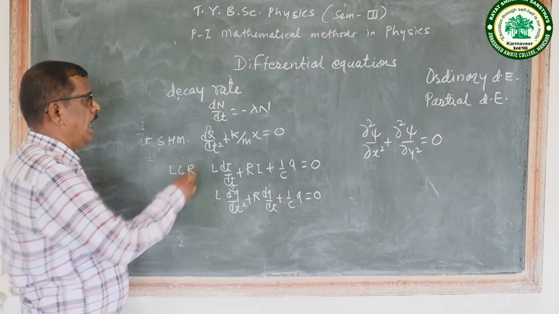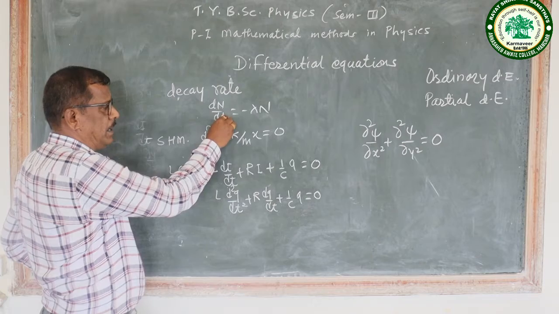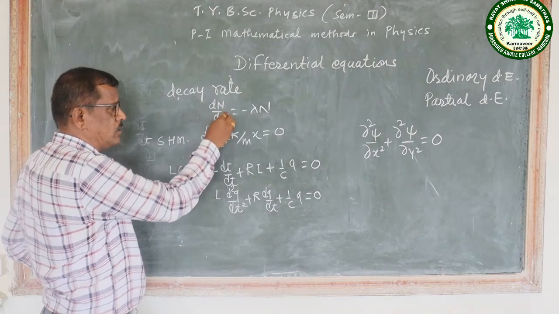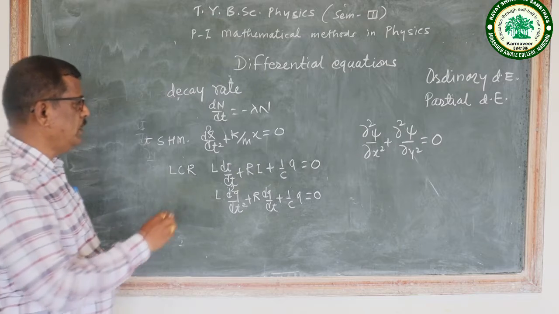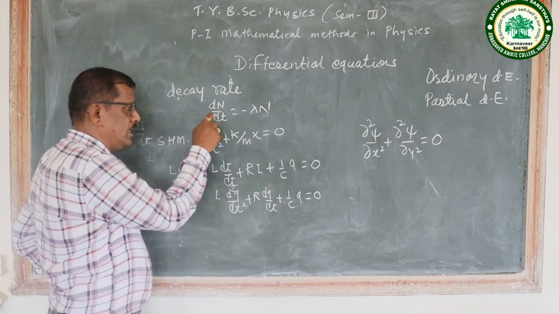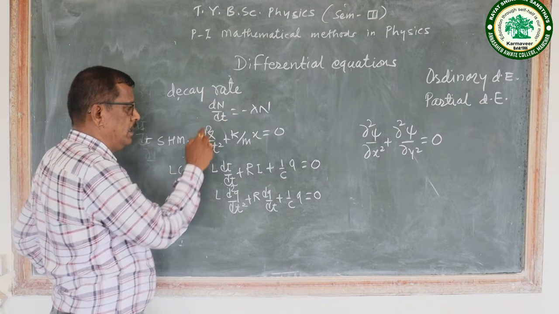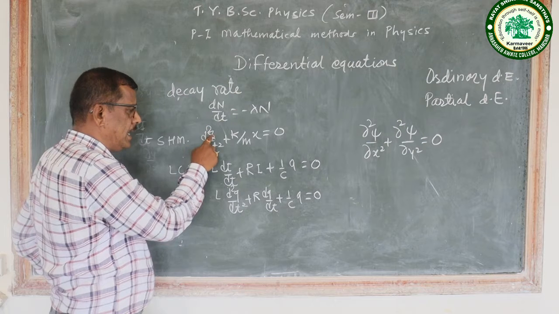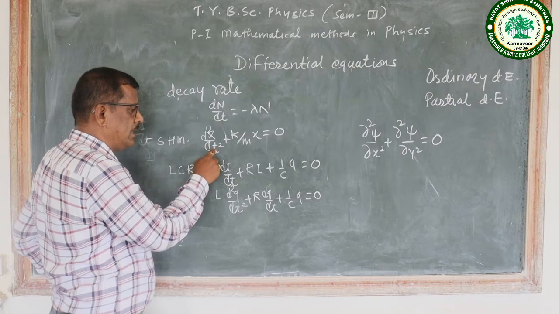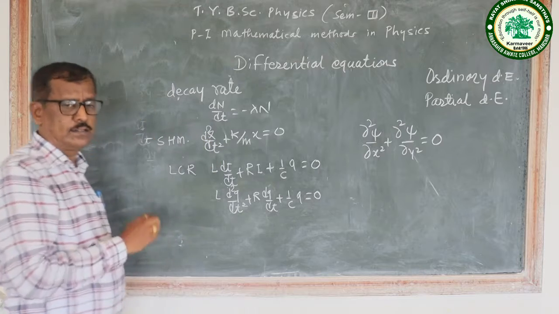Means here n is the dependent variable and this t is the independent variable. n depends on t, but t does not depend on n. Therefore, we call t the independent variable and n the dependent variable. Here in this equation d2x by dt square, x depends on t and t is independent. t is not dependent on x.